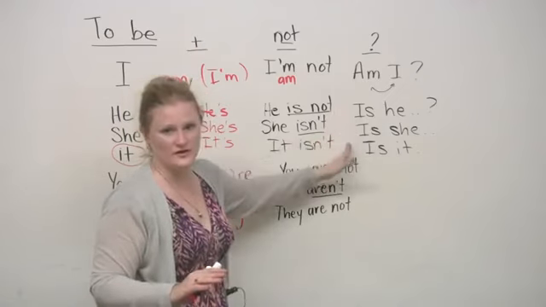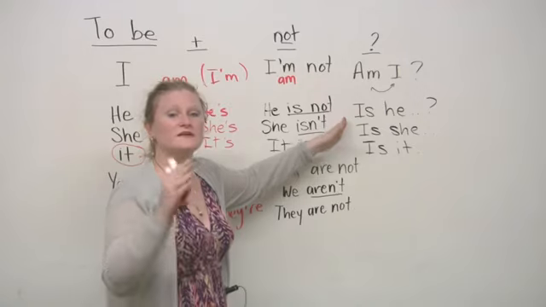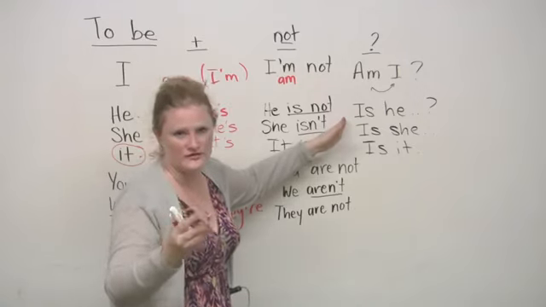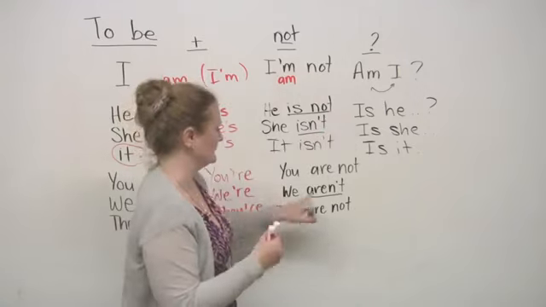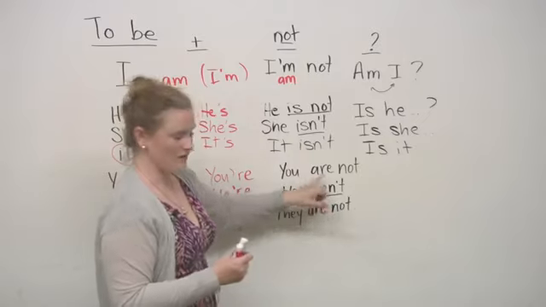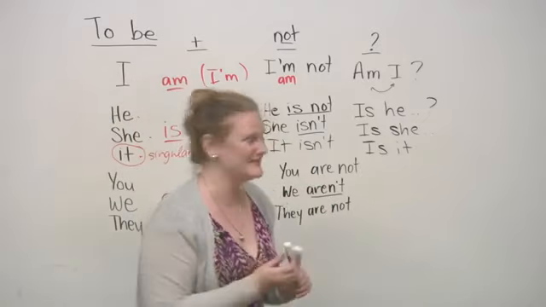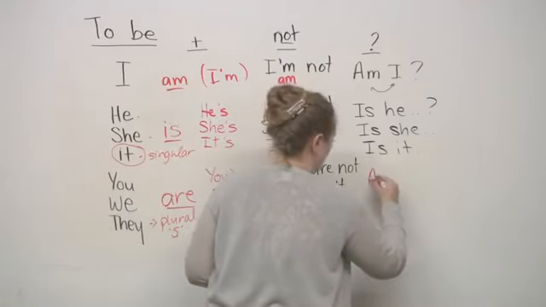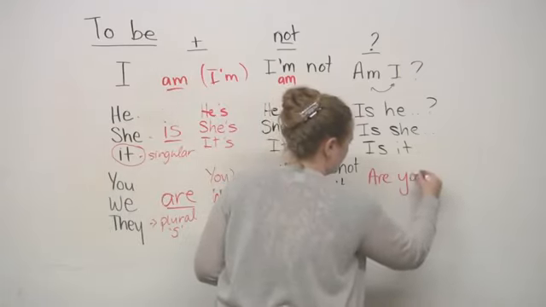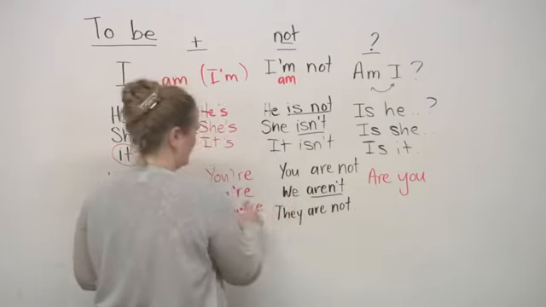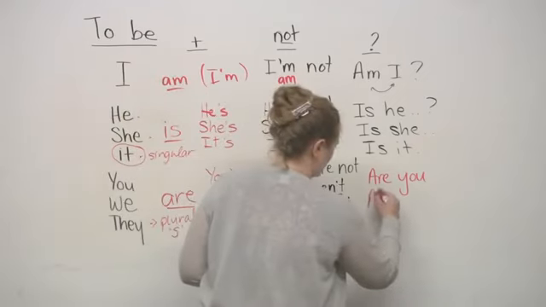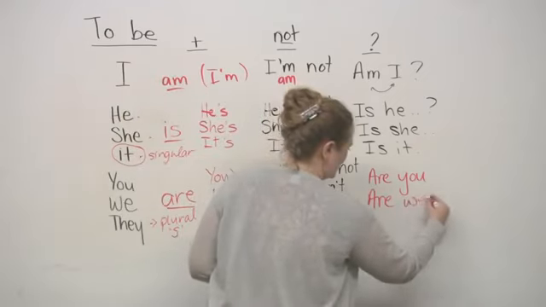What I want you to concentrate on is just the regular questions in the affirmative or in the positive. You are. Do you know the answer to that one or the question to that one? This one would be, are you? We are would be, are we?